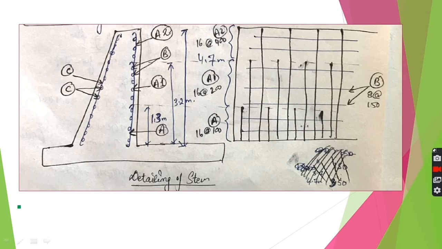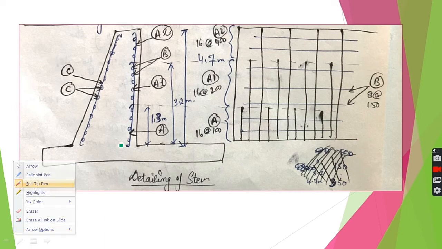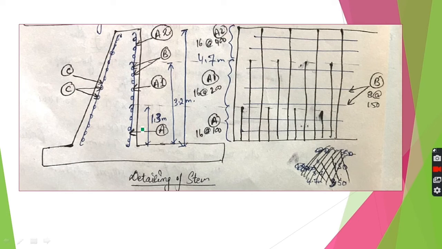So this is the summary of this stem. A was the reinforcement for the maximum moment up to this much height. A1 was the reinforcement curtailment here, and the total reinforcement was A2 at the full height of the retaining wall or the stem of retaining wall.